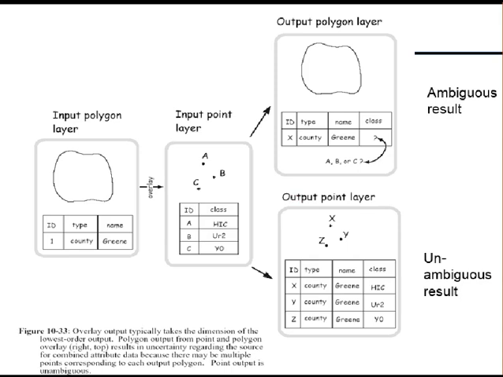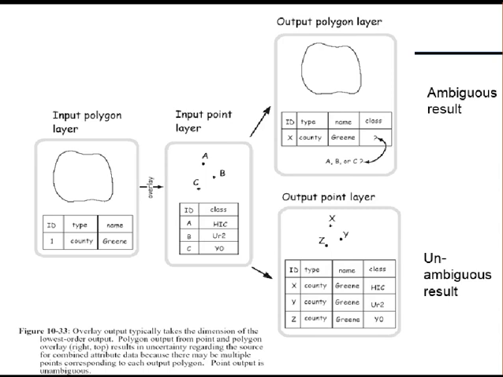This slide illustrates an instance when multiple points in one layer fall within a single polygon in an overlay layer. So we've got two inputs, a polygon layer and a point layer, and three of the points fall within that input polygon. Each point feature has a value for an attribute named class, as we see here.